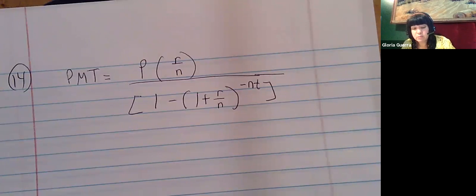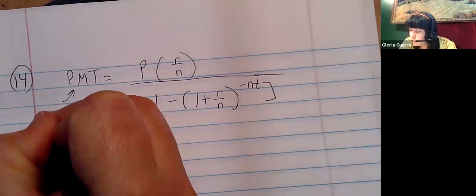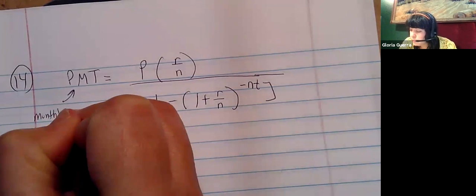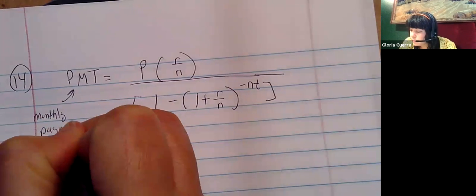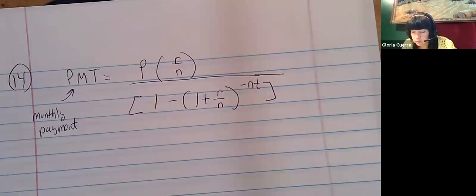You're trying to find the monthly payment and the total interest for the loan. So this is standing for your monthly payment. Okay, so your P is going to be, because you had this price of the car, but then you put down 7,000.